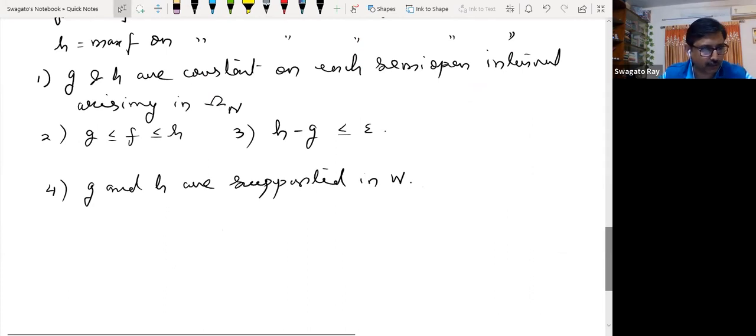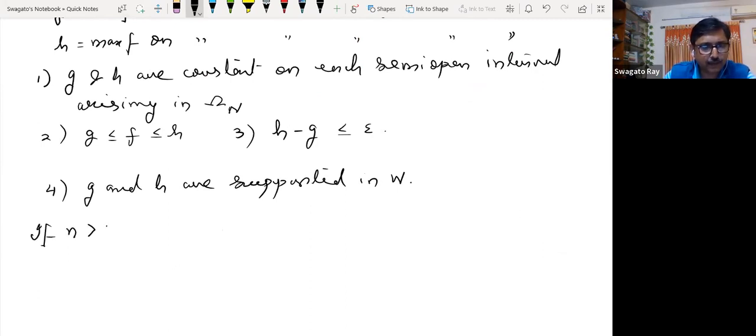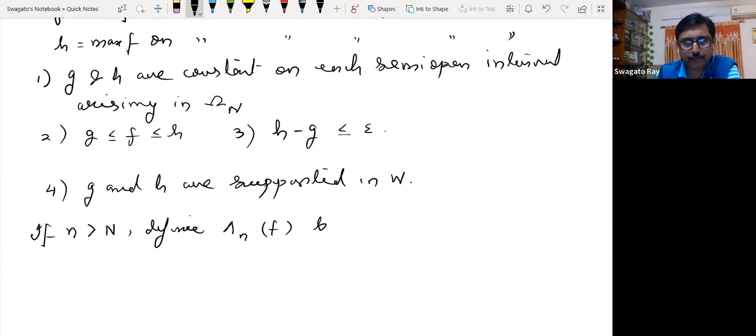Okay, I'm going to use them crucially. Now, if N is bigger than capital N, define lambda NF. Define lambda NF exactly the way we are doing, but don't change G and H. They remain same.